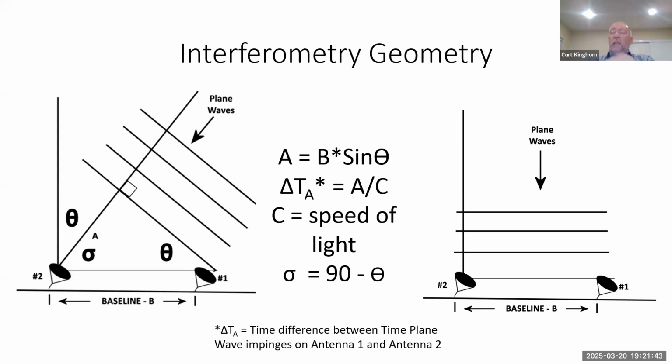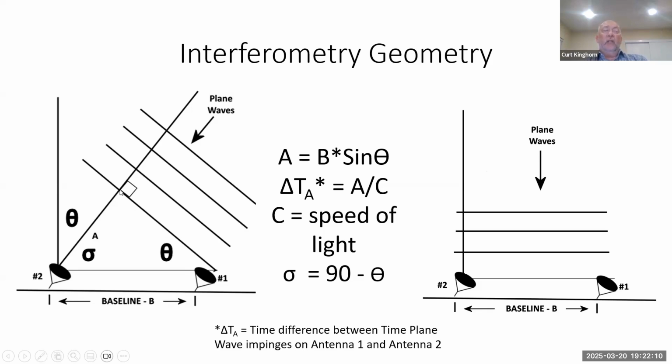Electromagnetic radiation comes out in space, and of course it comes out as a sphere, but as it expands across space, the sphere becomes so big that the front of it, basically the same place on the wave, is basically flat. We call those plane waves. As you can see in the demonstration here, the plane wave comes down, and at some point it's going to hit antenna one.